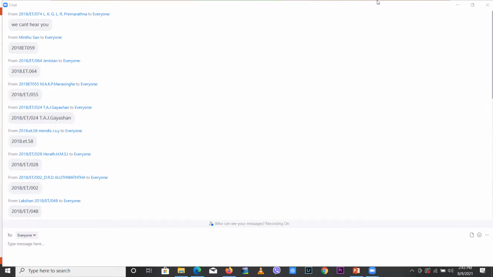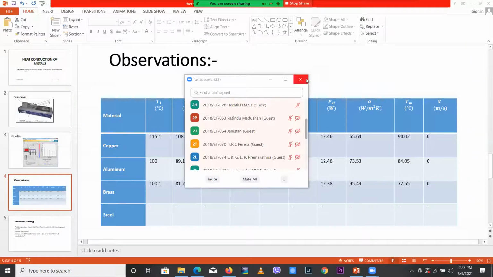The difference between conduction and convection is that in conduction there is physical contact. Heat flow should occur due to the physical contact. So we should make sure there is physical contact and no air trapped inside.